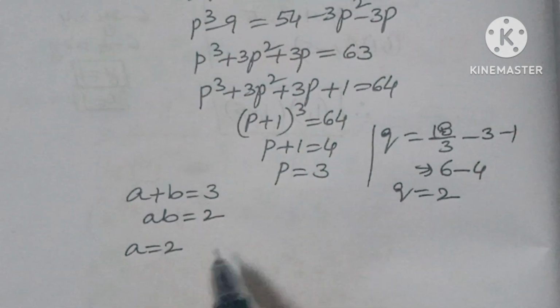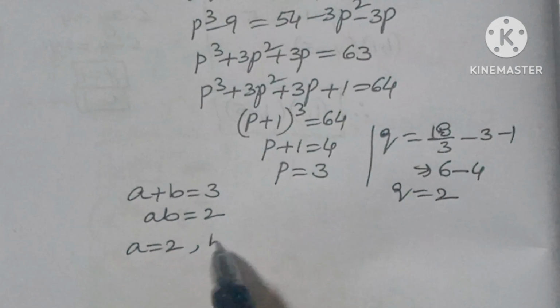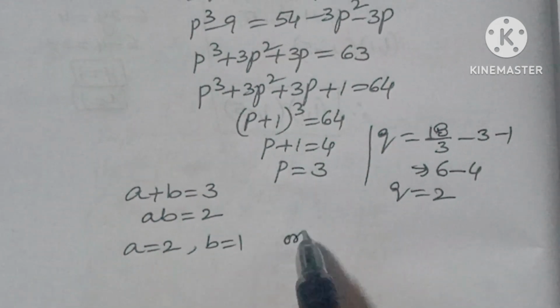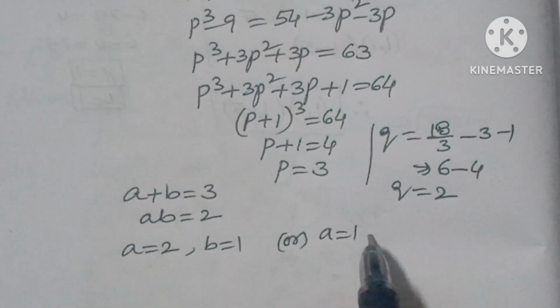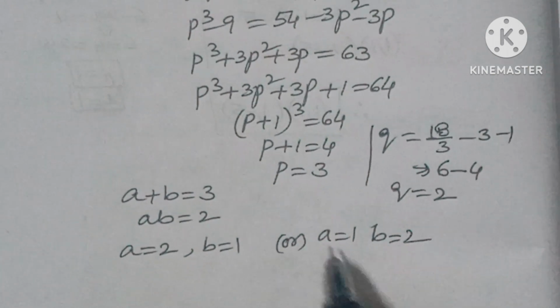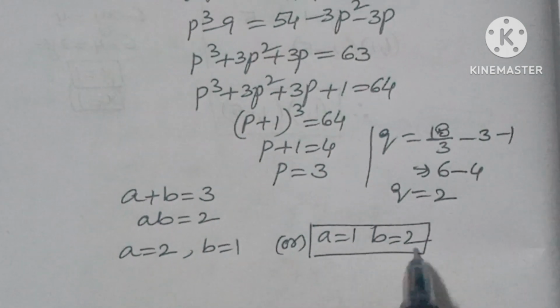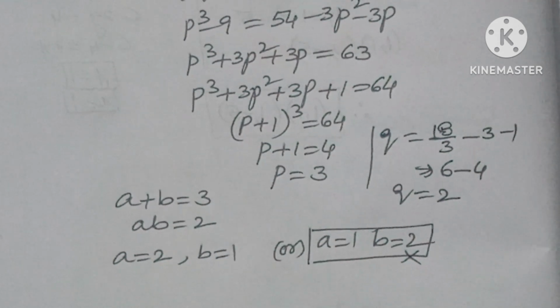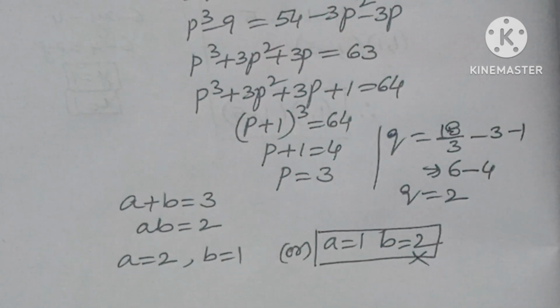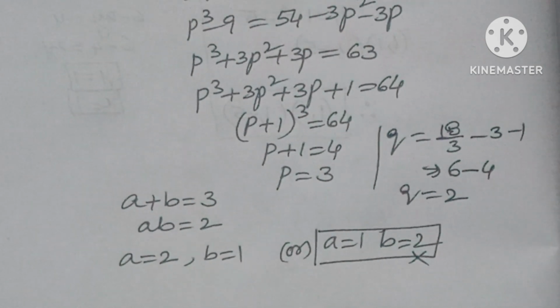So you can take a = 2, b = 1, or a = 1, b = 2. Here you can neglect one, because x is greater than y.